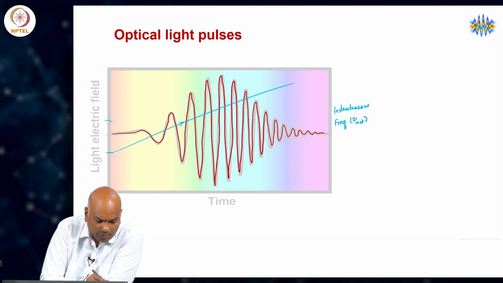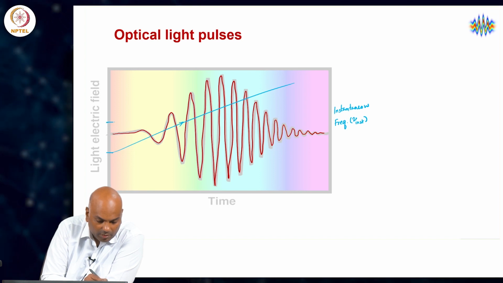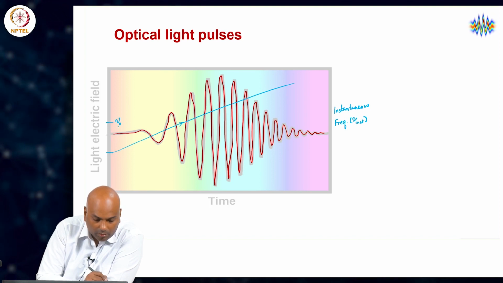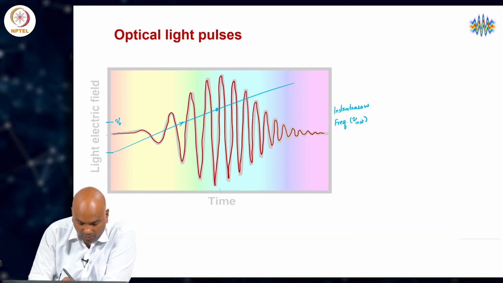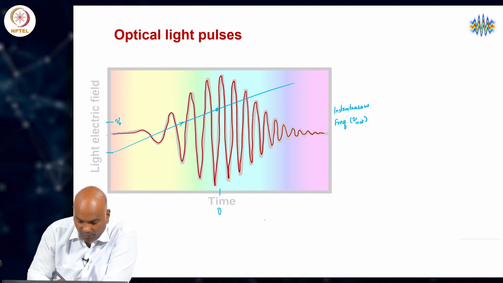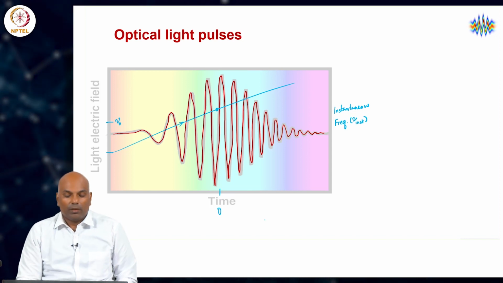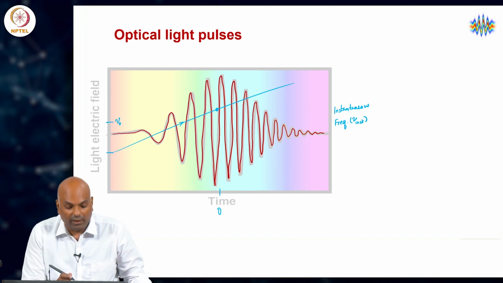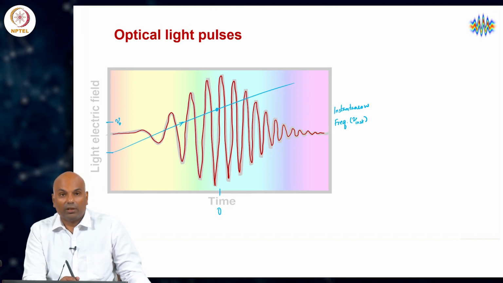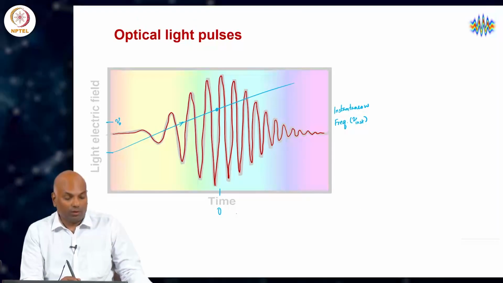Nu naught, the central frequency of the carrier, could well be somewhere at the center here, close to the zero of the time axis, and the positive and the negative side. So, this is a characteristic linearly chirped pulse with a Gaussian envelope.